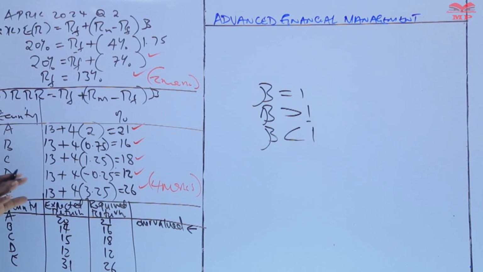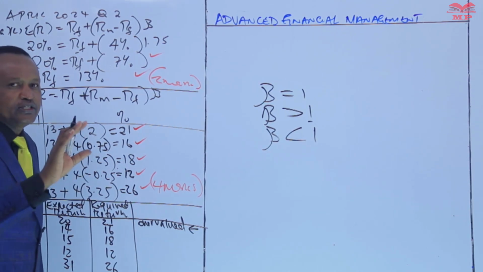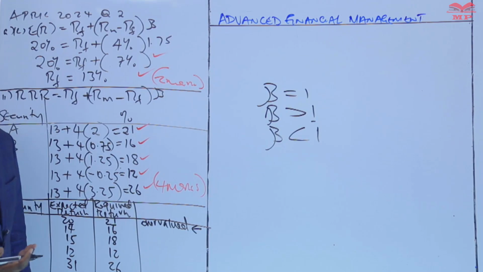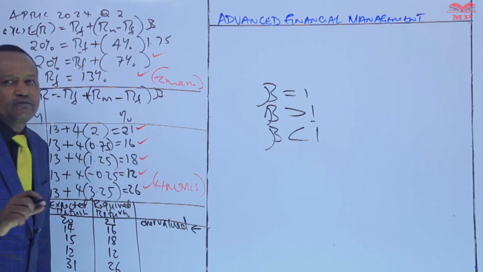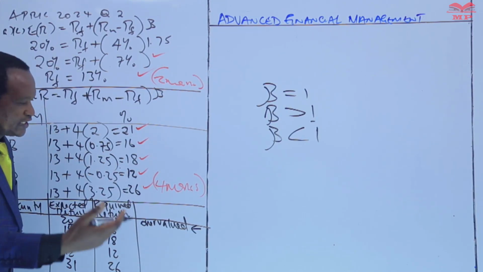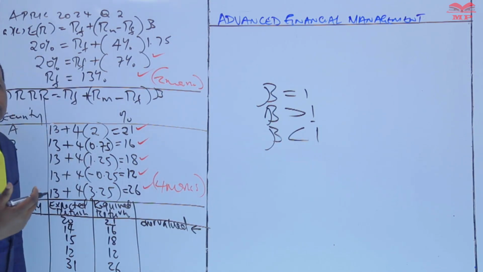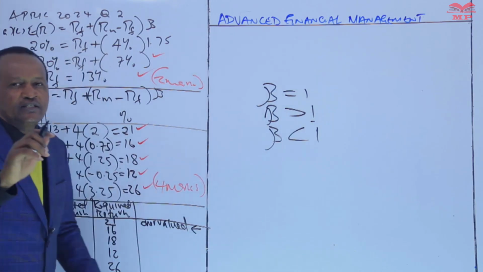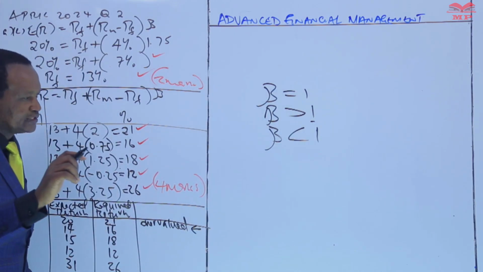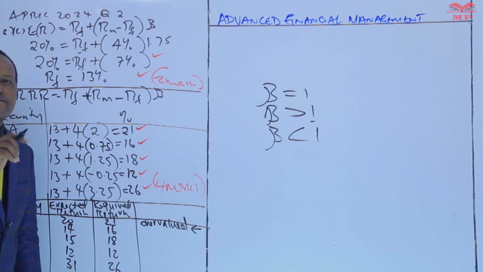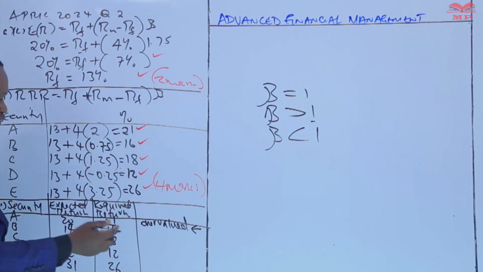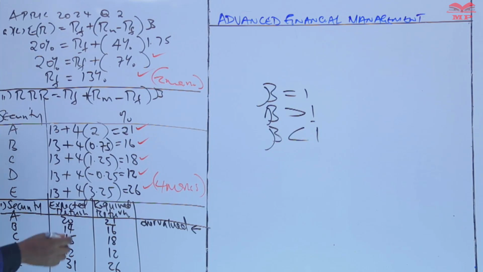That indicates that the security is not meeting investor expectations for its level of risk. It is therefore considered overvalued. And investors might be less inclined to invest in it unless the price drops. So security A is overvalued.